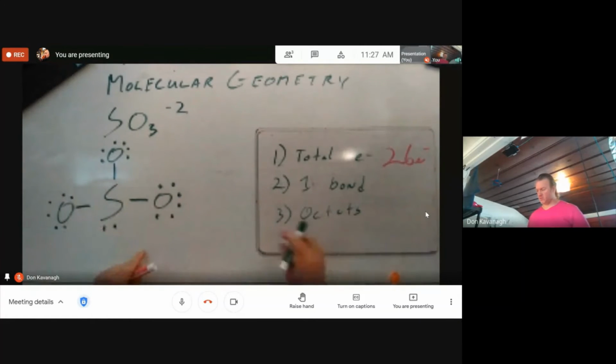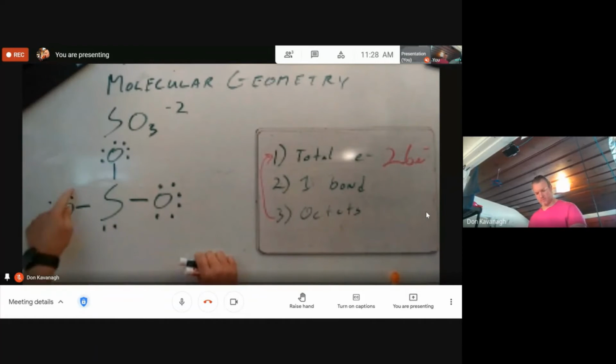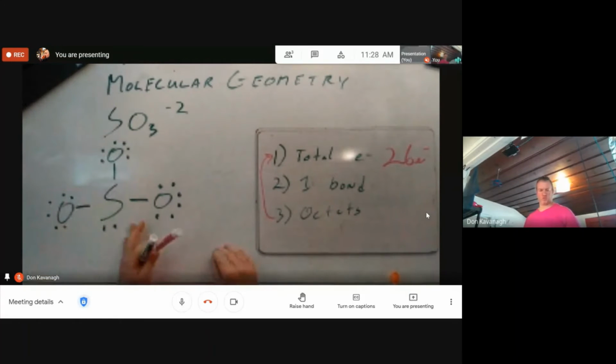So now we're going to loop back up to the first step and make sure that we have 26 electrons total. So this is a good Lewis dot structure with just 1 bond in between each of the atoms right there.